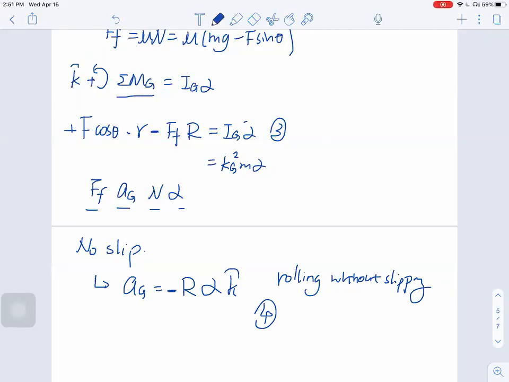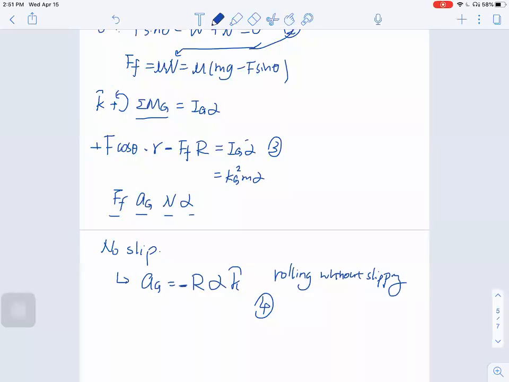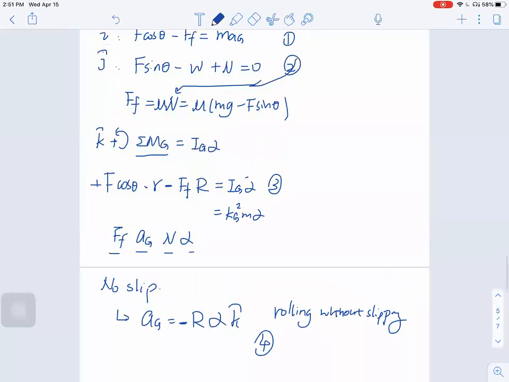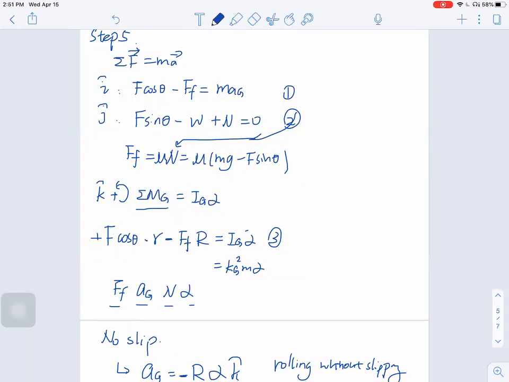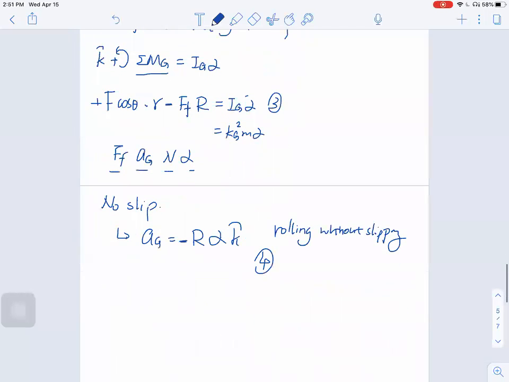And you can plug equation 4 into equation 3. So use the sum of equations 1 and 2 in equation 3 to find the relationship between aG and the angular acceleration. In this problem, we try to find alpha. And this problem can be related to what we learned in no slip and instant center problems.